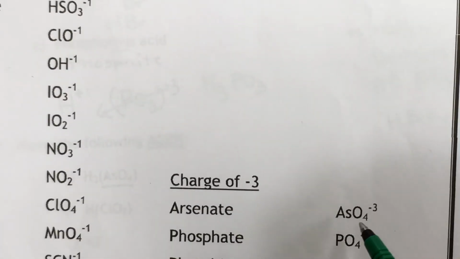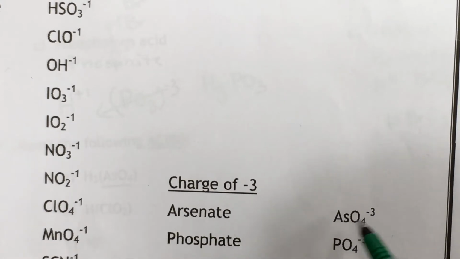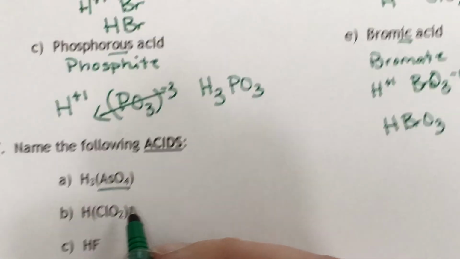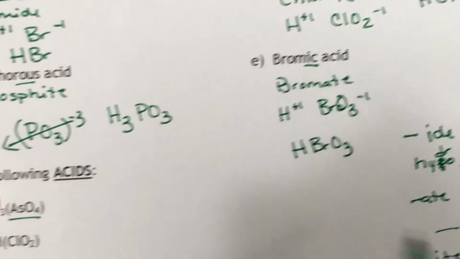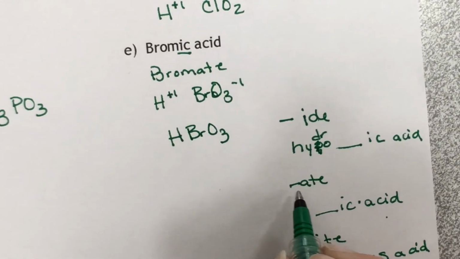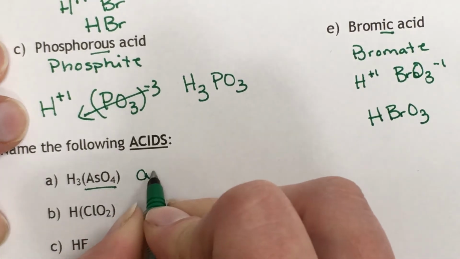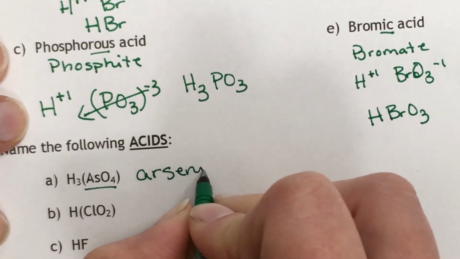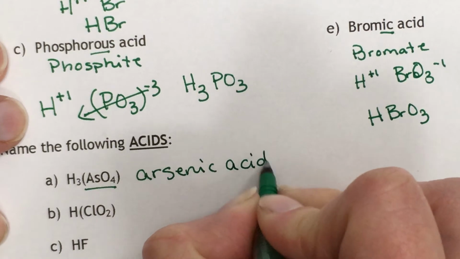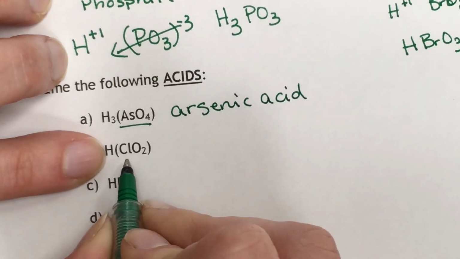Oh, here it is. So it's arsenate, AsO4 with a -3 charge. It ended in ATE, and we're going backwards now, so we change it to IC. So it is arsenic acid.